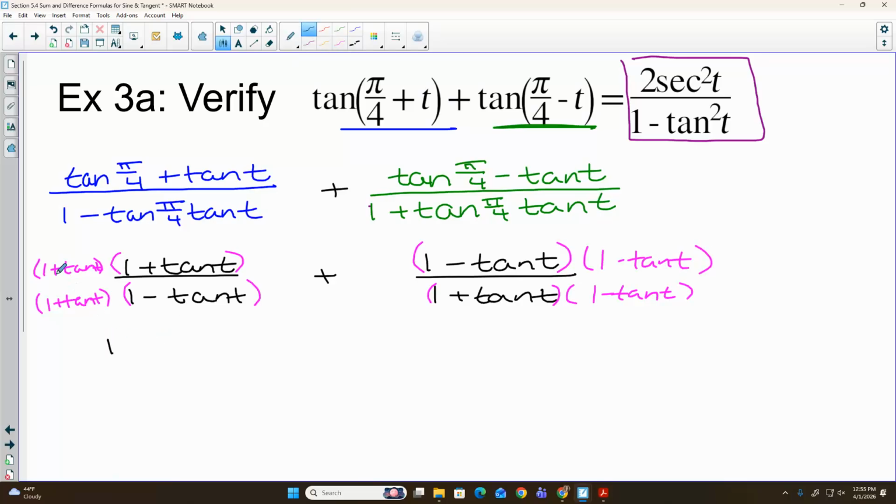So if we multiply it out, we get 1 plus 2 tangent t plus tangent squared t. On the denominator, if we FOIL, that's 1 minus tangent squared t. Over here.